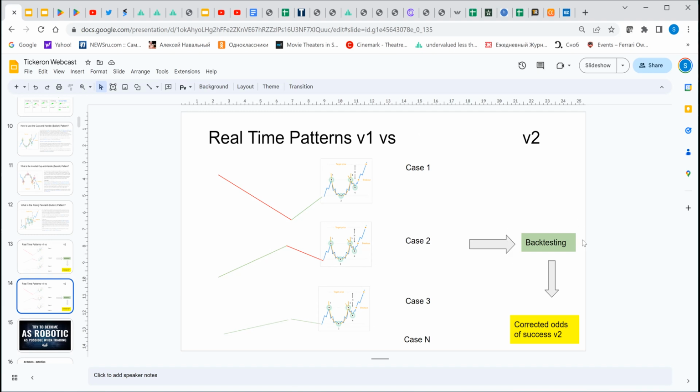And then we again did backtesting for the cup and handle for all potential profits, for all confidence levels. Then we corrected odds of success and presented the data. Okay, so that's the huge difference between version 1 and version 2, and that's where we see improved odds of success and the win rate.